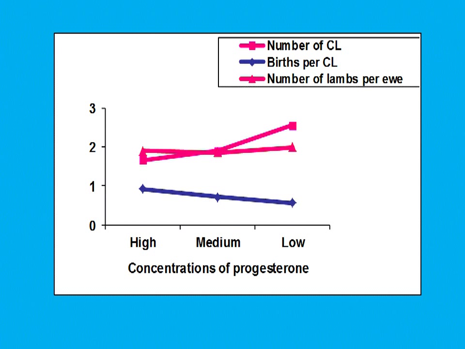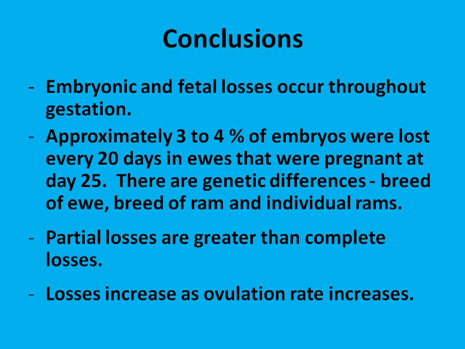We have some recent data with treatment with a hormone called PG600, that's a mixture of LH and FSH, that in its action does appear to give us a little boost in number of lambs born. But basically, we're going to get what we get without any extra hormones over and above what we can deliver from the CIDR and the introduction of the ram.